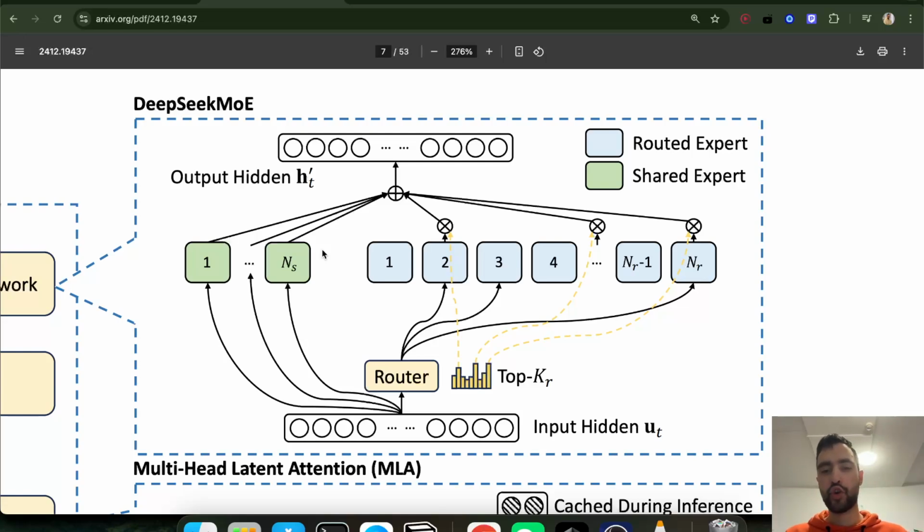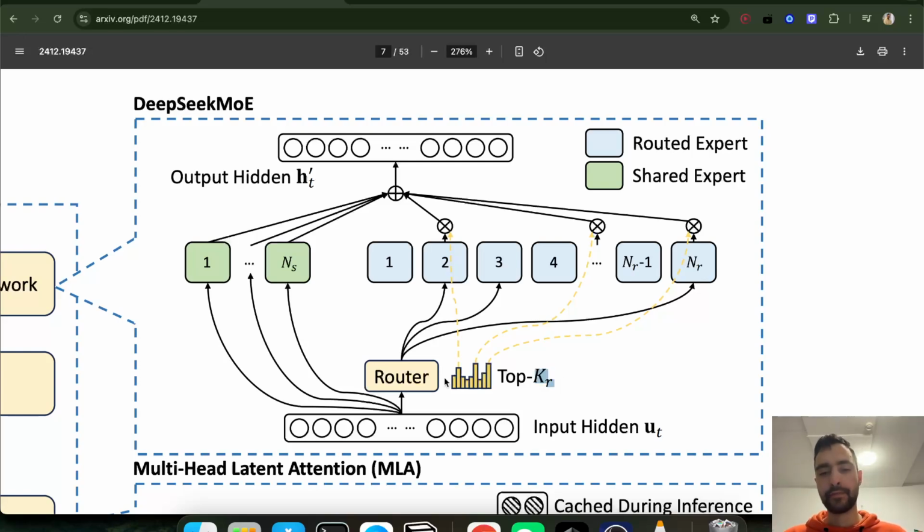It will assign a score to each expert of how relevant this expert is to the task. For example, if we have a mathematical task, mathematical experts would get maybe high relevance, maybe 0.5, while less relevant experts would get 0.05 or something. And then we choose top k. This k is some constant, maybe the number 8. So we choose the 8 most relevant experts.